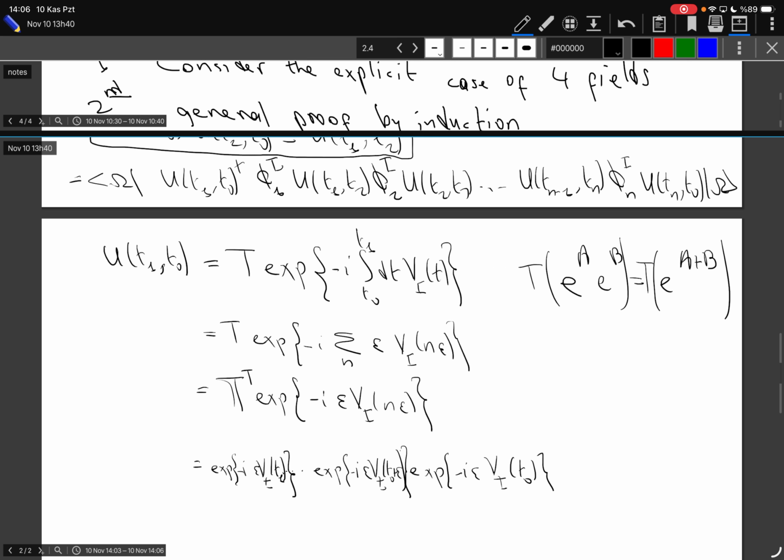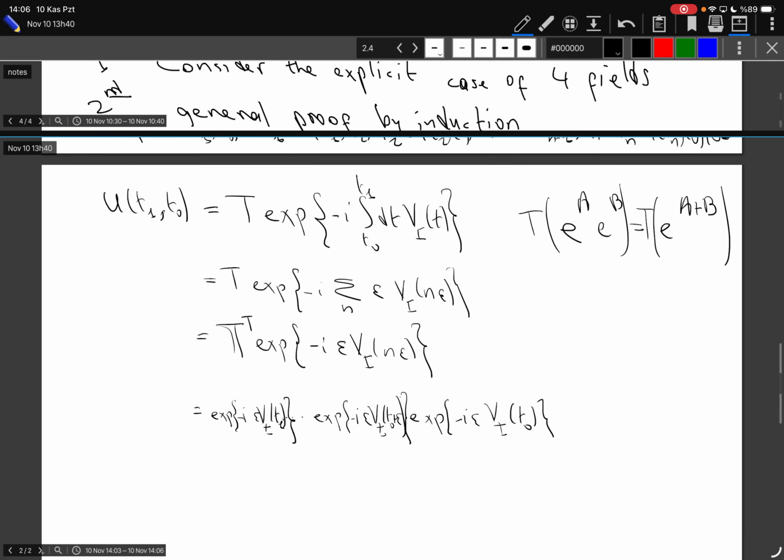And within a time ordering operator, I can ignore the ordering. Time ordering will take care of which order they will be. So I can just separate this exponent of the sum into the product of the exponents, because of course I have to do a time-ordered product of the exponents. That is what I did in this step.